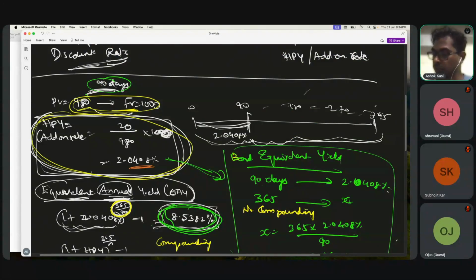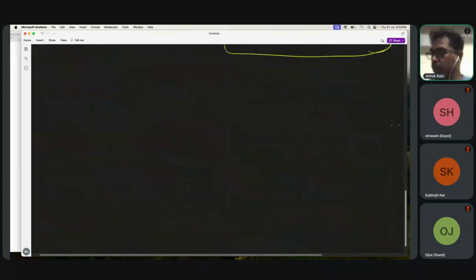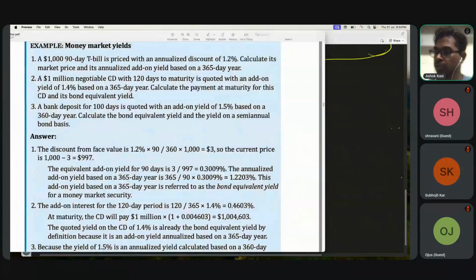You want present value, you want profit, you want future value. These three data, how to get? That is what you should think. The first step is how to get the holding period return. To get this, I need profit, but this is an annualized discount. I want a proportional discount. Proportional means the 90-day discount, because that's what I want to know: in 90 days, what is the profit the investor got?